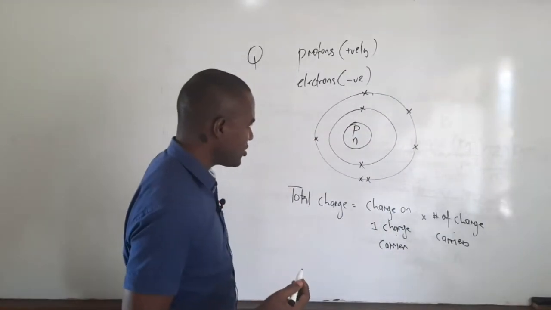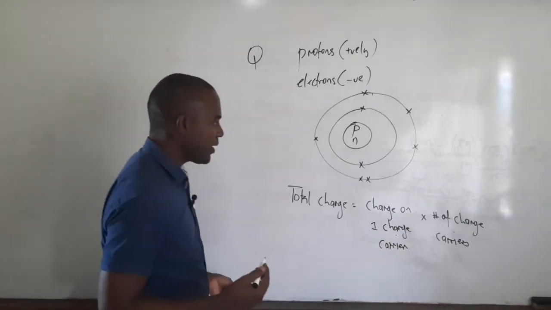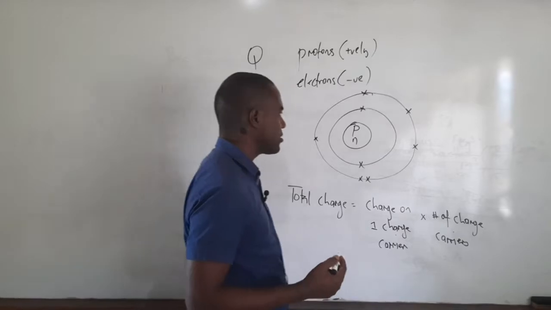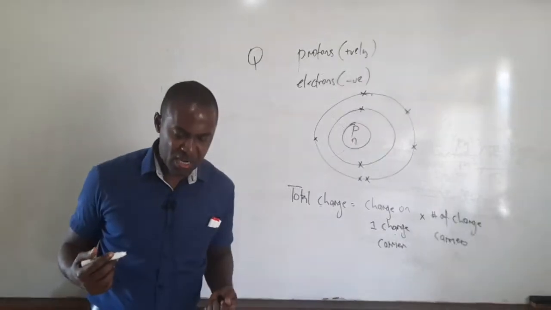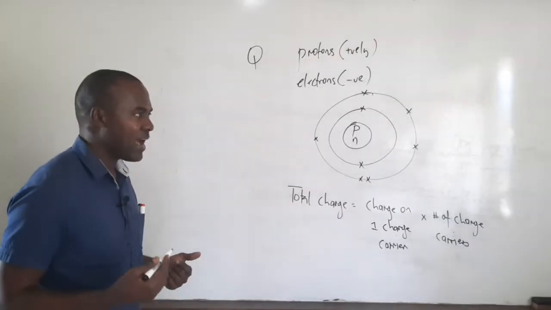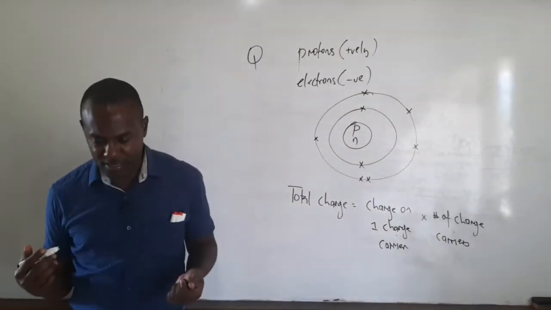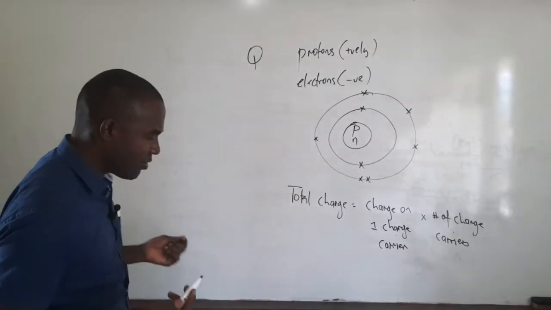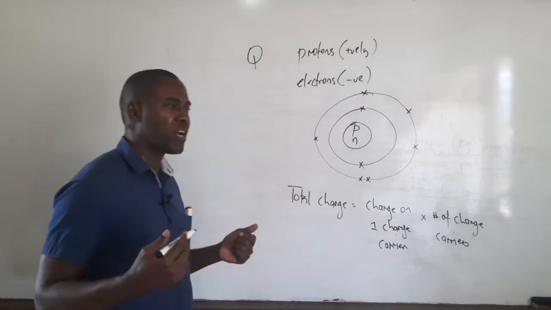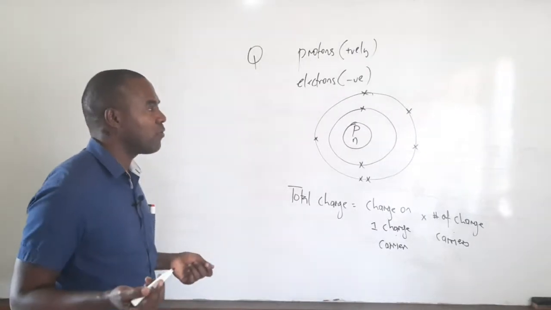The total charge is equal to the charge on one charge carrier, and we basically multiply that by the number of charge carriers. Now, as we mentioned before, throughout this course, our primary look at charge will concern electrons, and when we speak about charged particles, unless otherwise stated, we'll be referring to electrons. So in any conductor, for instance, electrons are the mobile charge carriers, and we'll be focusing on that.